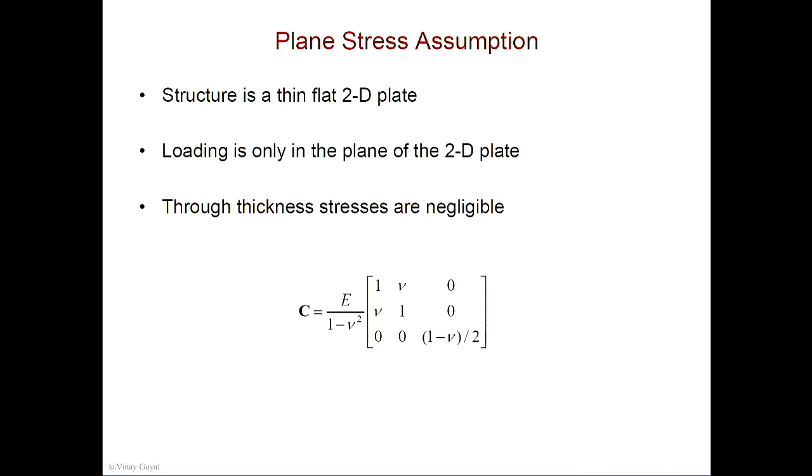The loads are just applied in the plane of that plate. The through thickness stresses are negligible. When the through thickness stresses are not negligible, and the loads are out of plane, you have to use shell elements, which we'll also cover next. And the constitutive law looks like this.